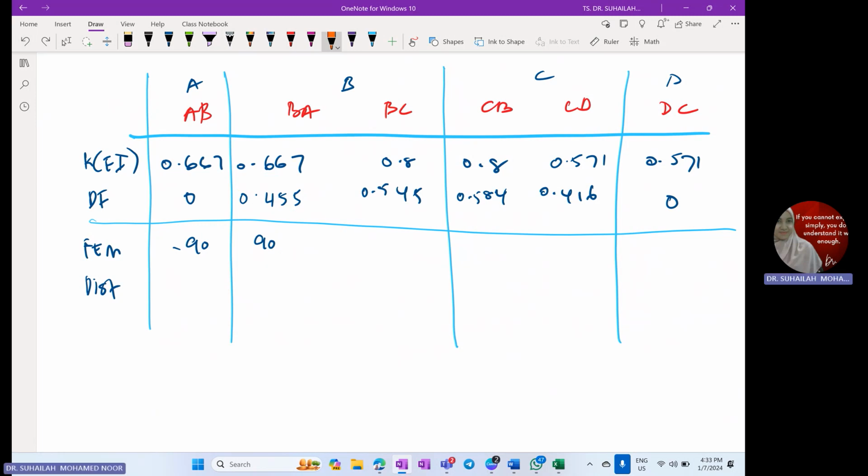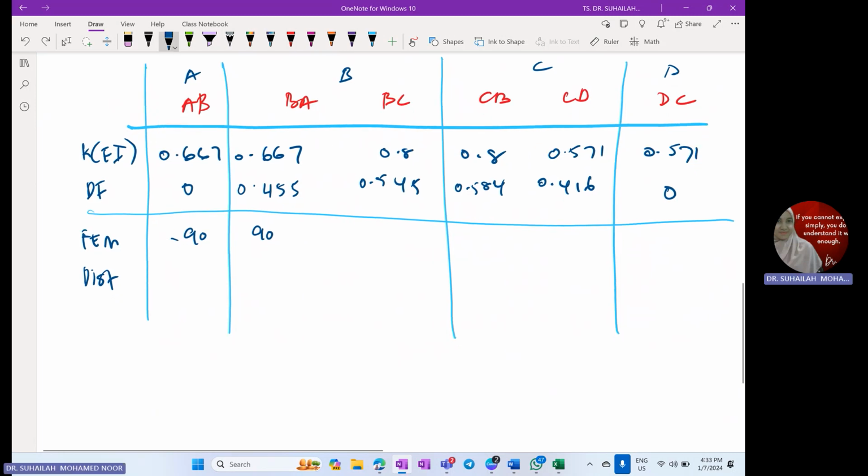It is 90 times 0.455. Because this is positive, the answer must be negative, so we have to change sign.